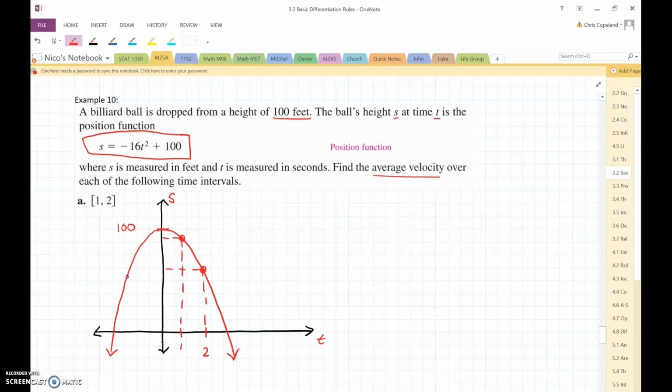Okay, and they want us to find the average velocity. So the average velocity is going to be the slope of the secant line.